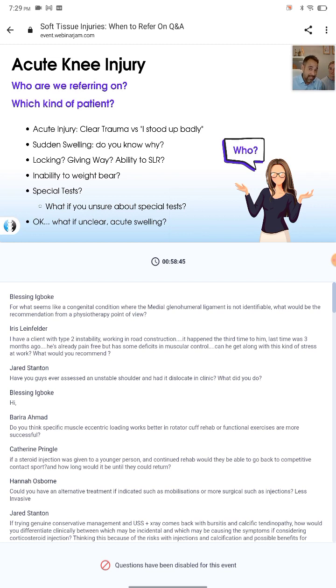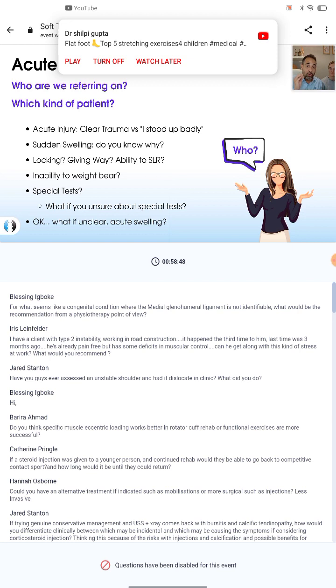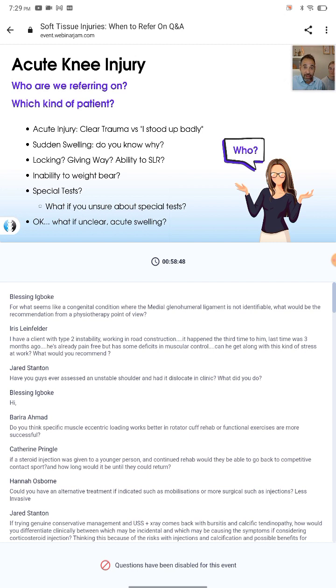Now, not all meniscal tears will lock, but if you have true locking, then it's certainly increases your suspicion of a meniscal tear.